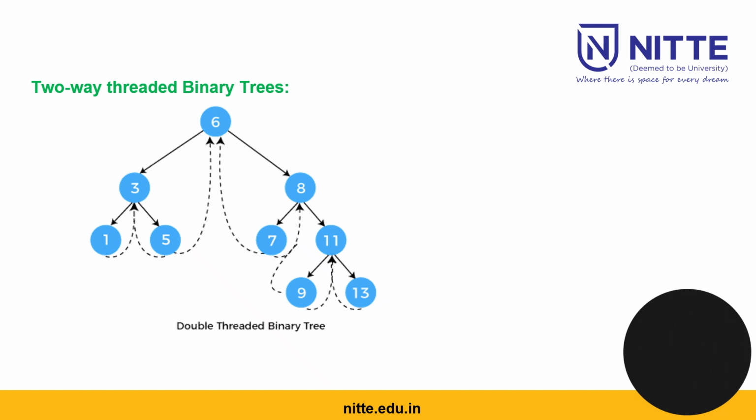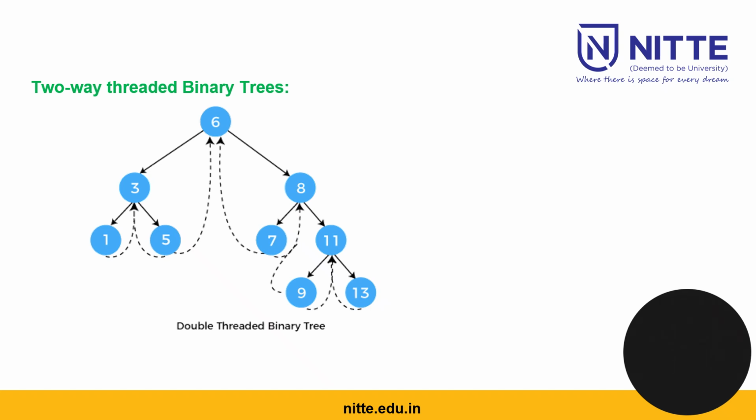Here also 3 to 5 and 5 to 3. And from 5 again it will also point to 6. The same way you can see here 7. From 7 there is a thread to 6, as well as there is a thread to 8.